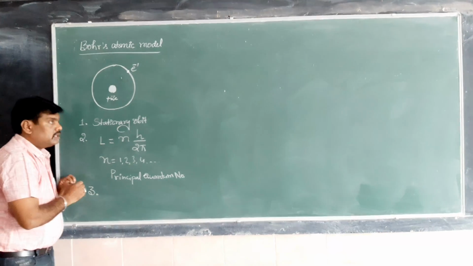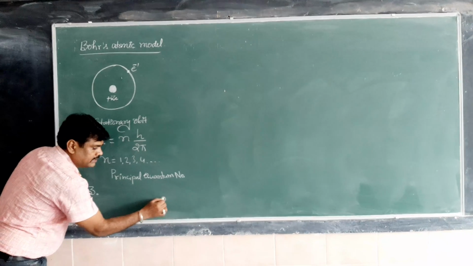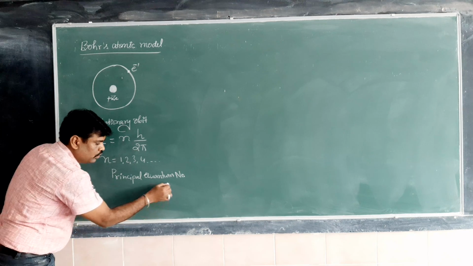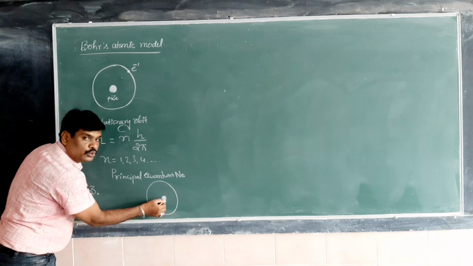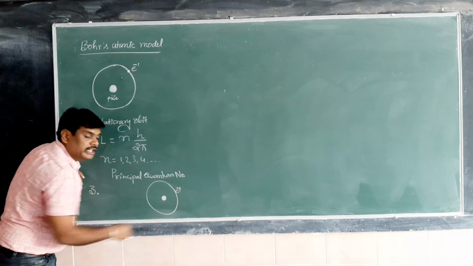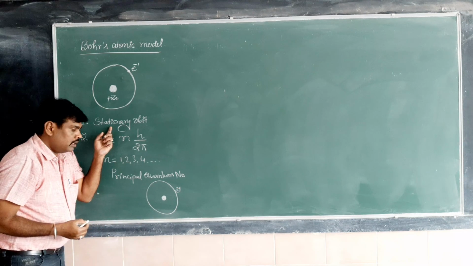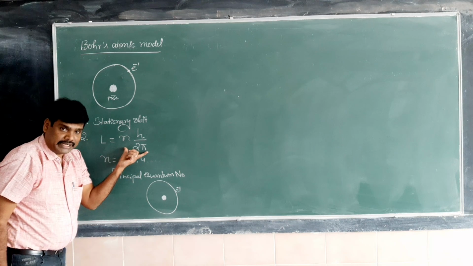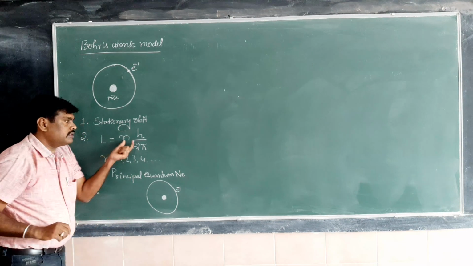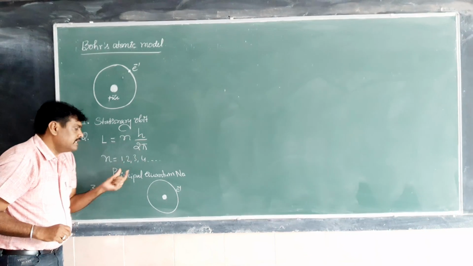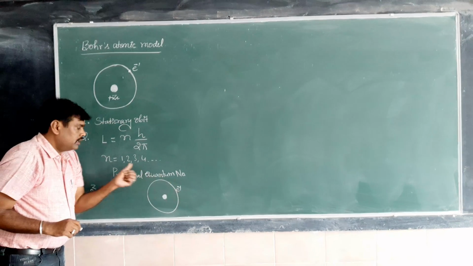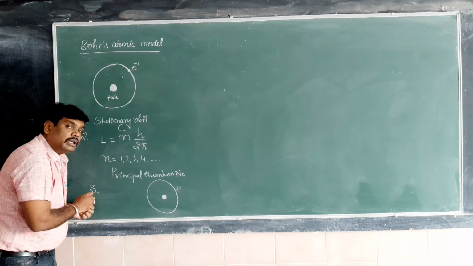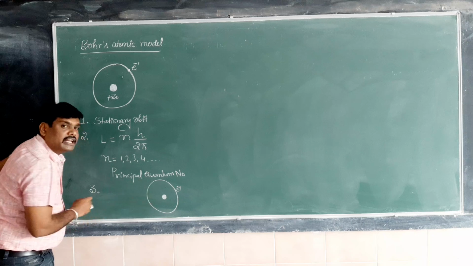Suppose this is the nucleus, where the whole mass of the atom is concentrated, and the electron is revolving in its own orbit called the stationary orbit. This orbit has angular momentum that is quantized, from the second postulate. The quantized value is n h divided by 2 pi, where n is called the principal quantum number. n starts from 1, 2, 3, 4, etc. Here, the third postulate says about the energy radiation.